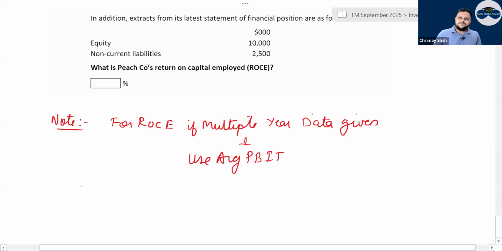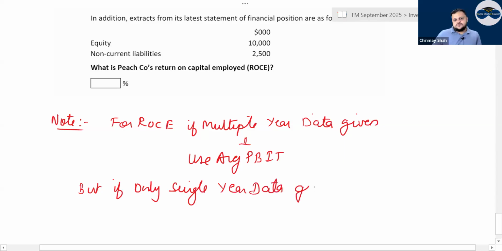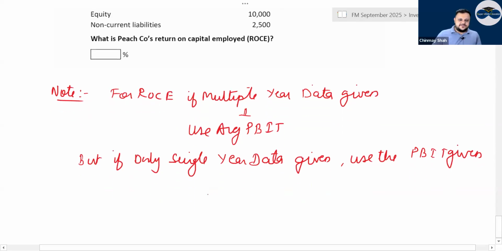Correct. But if only single year data given, what you will do? कोई ऑप्शन ही नहीं ना, राइट. Use the PBIT given, correct, right.